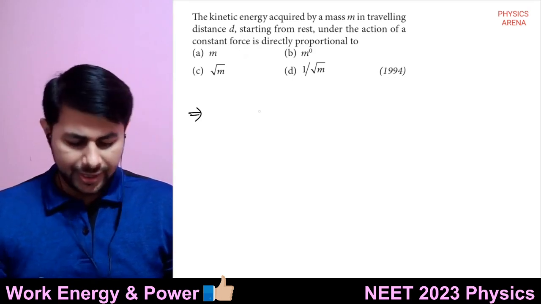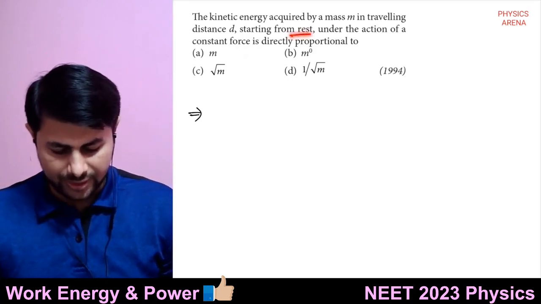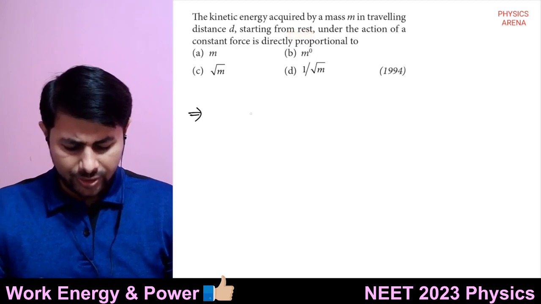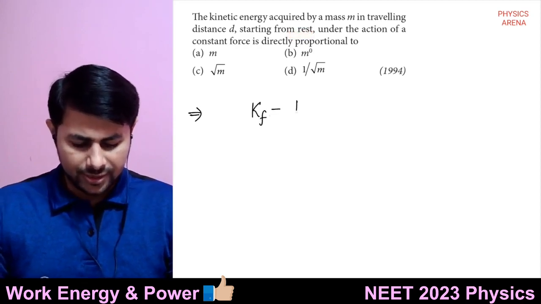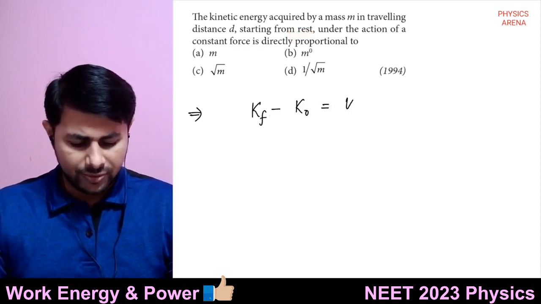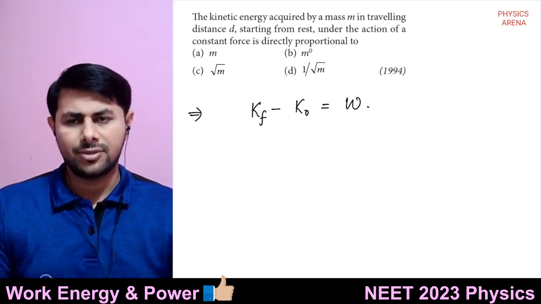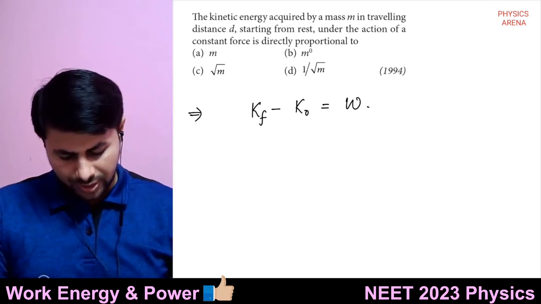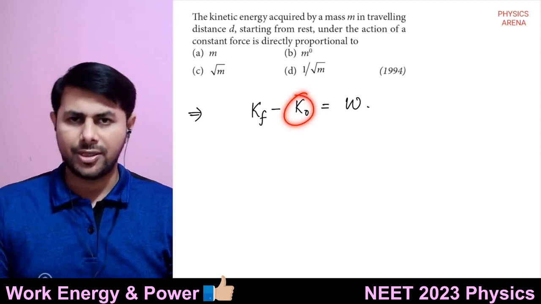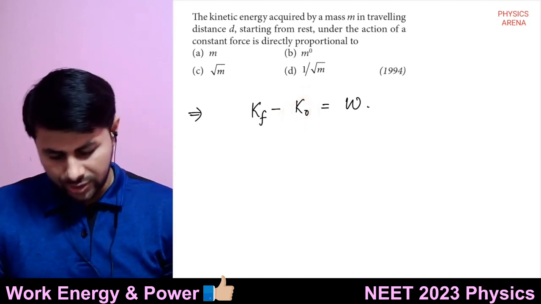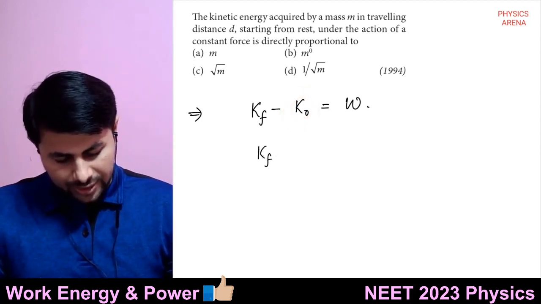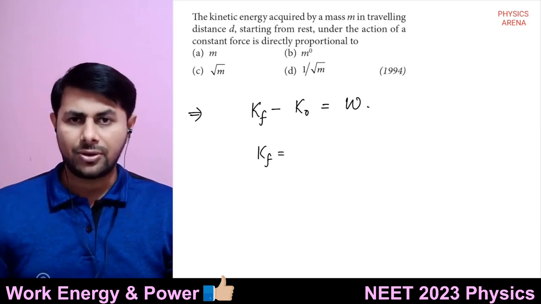They are saying it is starting from rest. We know the final kinetic energy minus initial kinetic energy is equal to the work done. This is the work energy theorem. It is starting from rest, so initial kinetic energy is 0. Final kinetic energy is equal to the work done by a constant force.